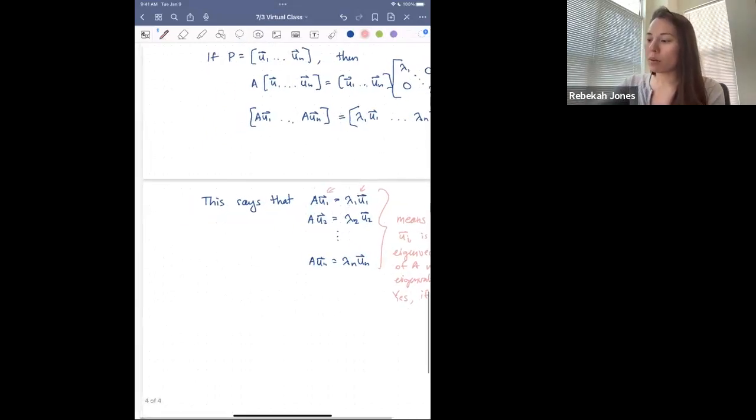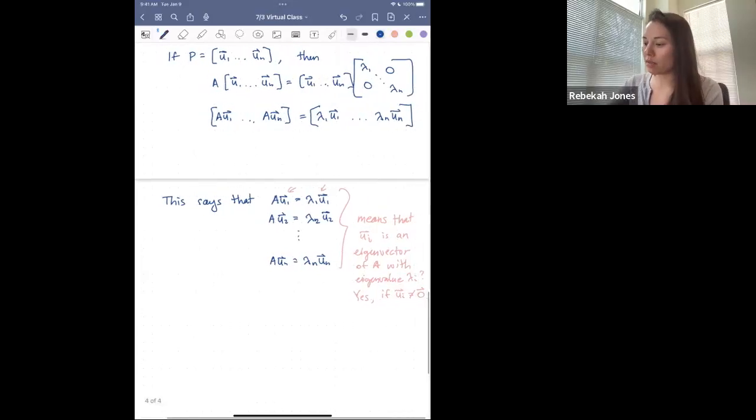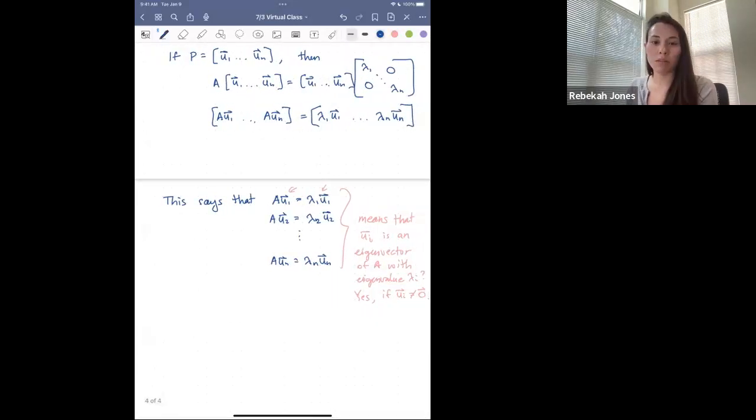The reason we know that each of these vectors u is not zero is that we know P is invertible. Since P is invertible, its columns are linearly independent.